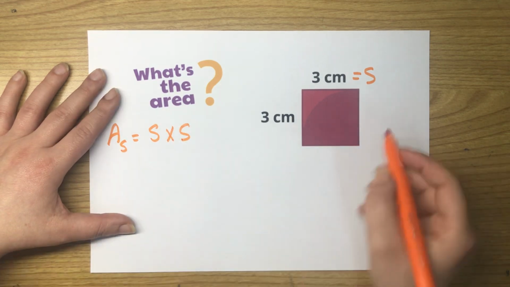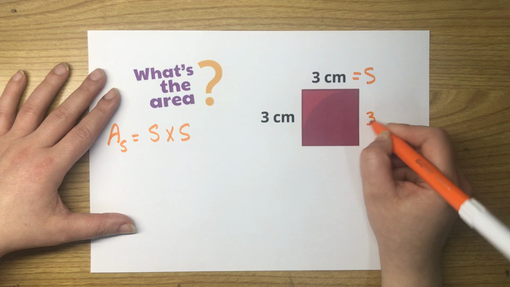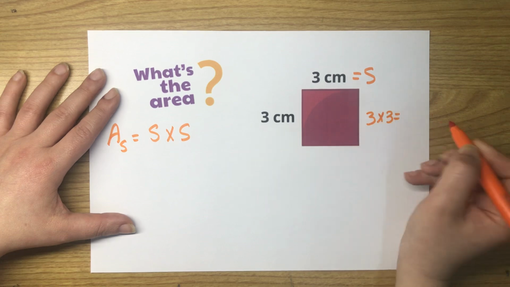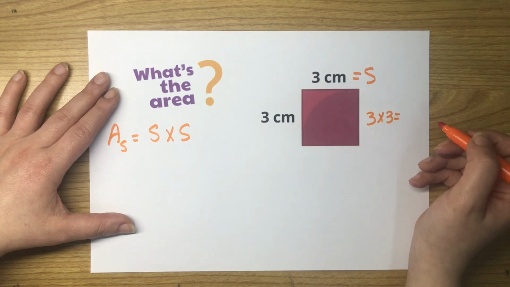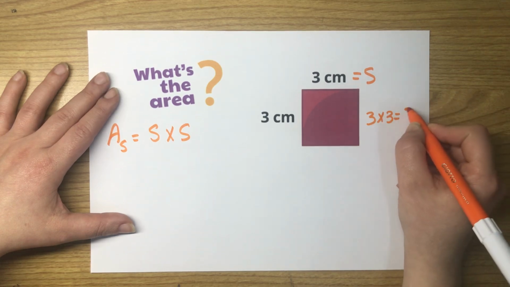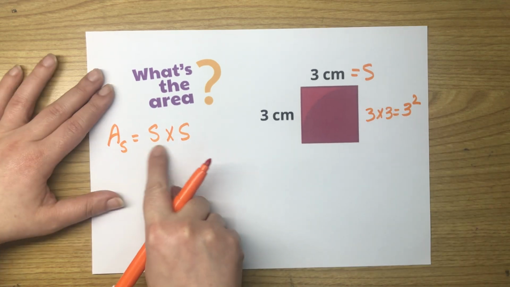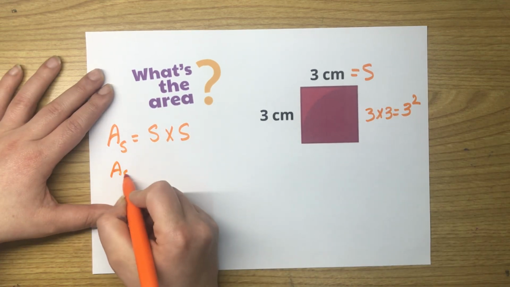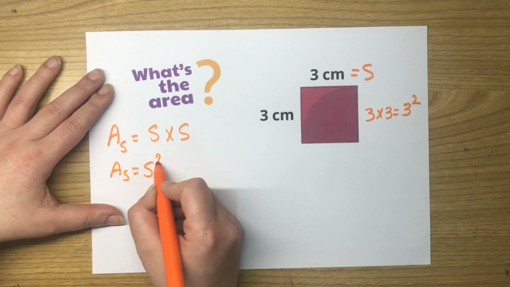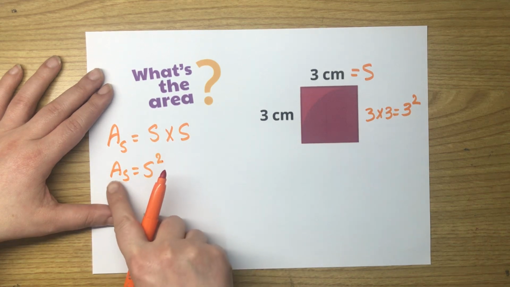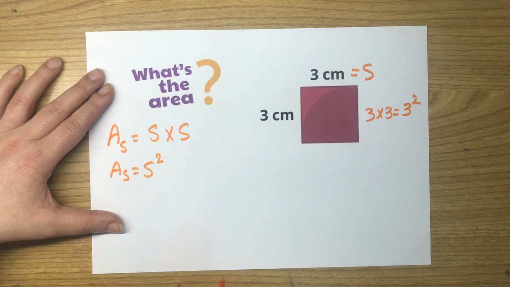Remember, guys, when we took such as this example 3 times 3 as directed number, we used to write it down as 3 to the power of 2. So here when multiplying S by itself, we write it as S to the power of 2, or we can say it as area of a square is S squared.